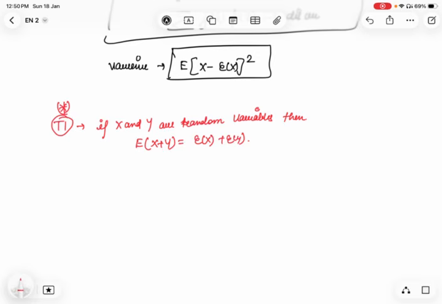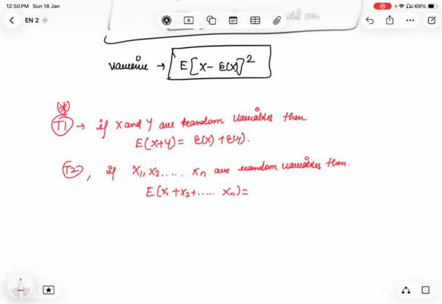Theorem 2: if x1, x2, up to xn are random variables, then the expectation of x1 plus x2 plus up to xn is equal to the expectation of x1 plus the expectation of x2 plus up to the expectation of xn. Okay, this is your second.